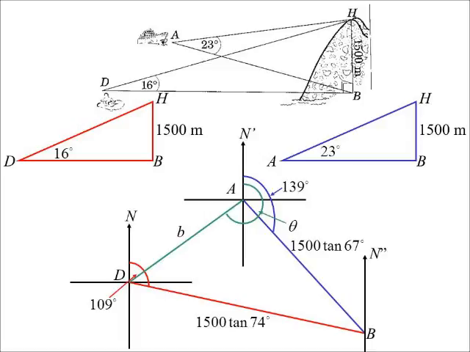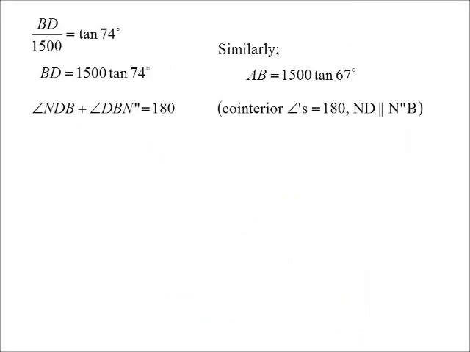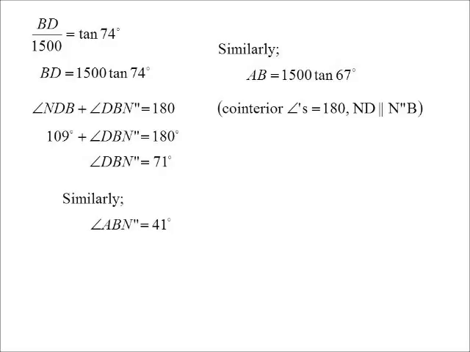Okay, bit of geometry. I know that NDB and DBN double dash will sum to 180 because of co-interior angles. That'll end up meaning DBN double dash is 71. And by a similar method, I could work out ABN double dash is 41.